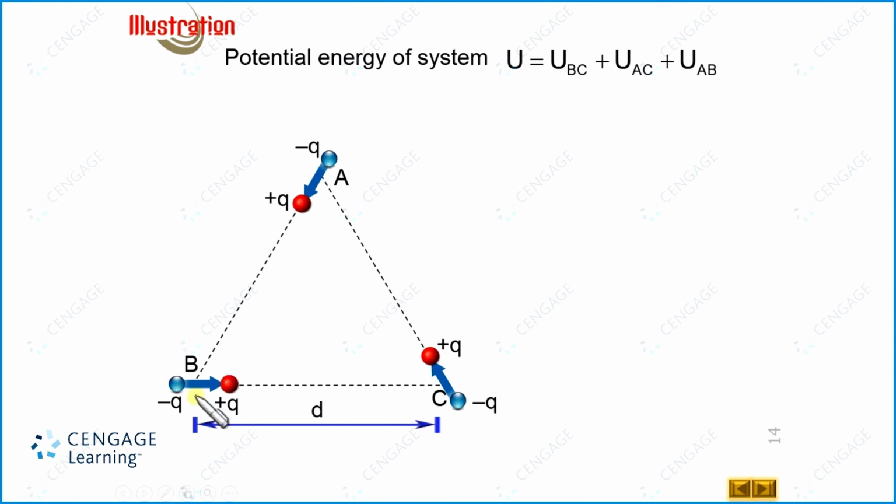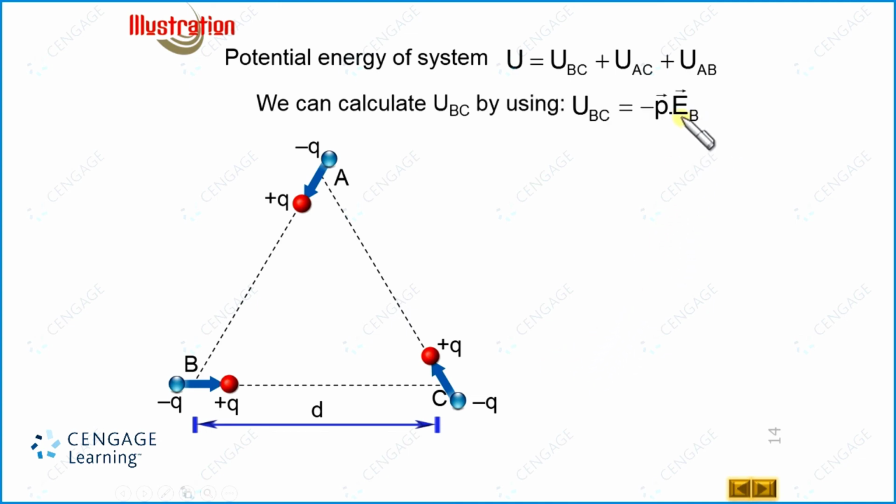So let us select this B and C pair. Here we can write the potential energy associated with the dipole placed at position C because of the electric field of B as minus P dot EB. This is the potential energy associated with the system of dipoles placed at B and C. Let us make the electric field vector.